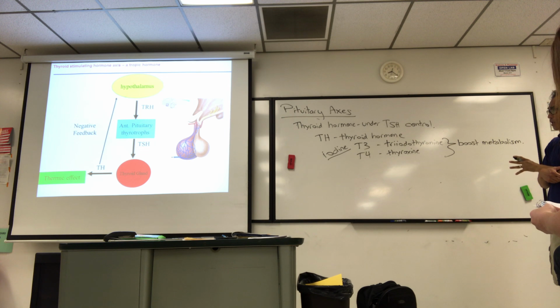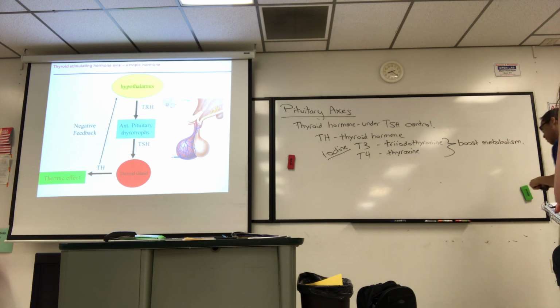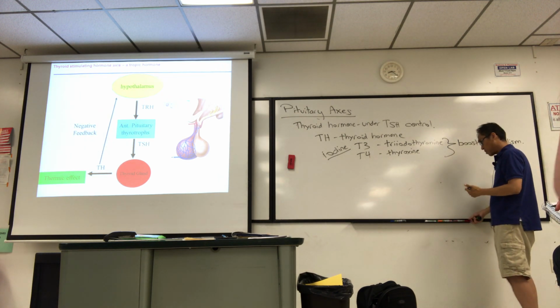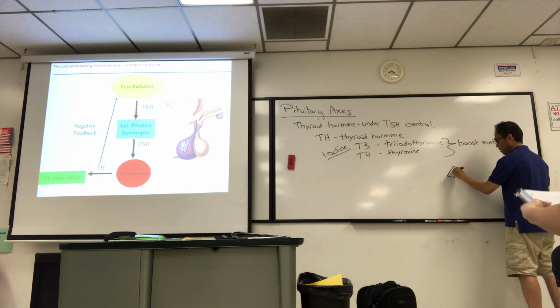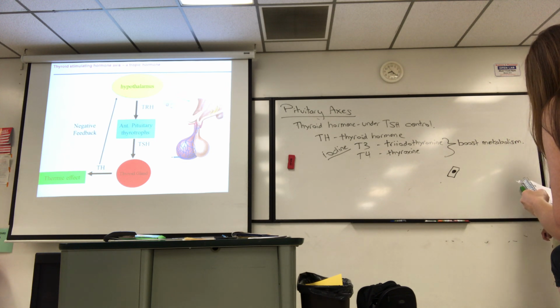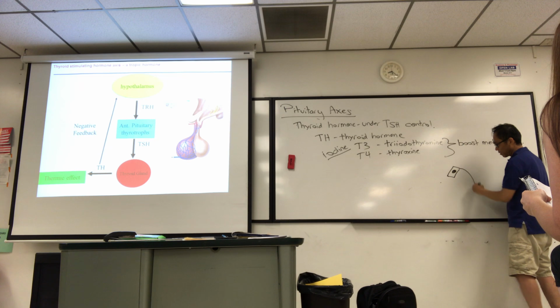Now the formation of T3 and T4 is pretty complex. You have the thyroid gland, and when we look at it under a microscope, microscopically, it has a very interesting arrangement. Let me draw a cell. To make T3 and T4, you actually have a bunch of cells arranged in a complete sphere.